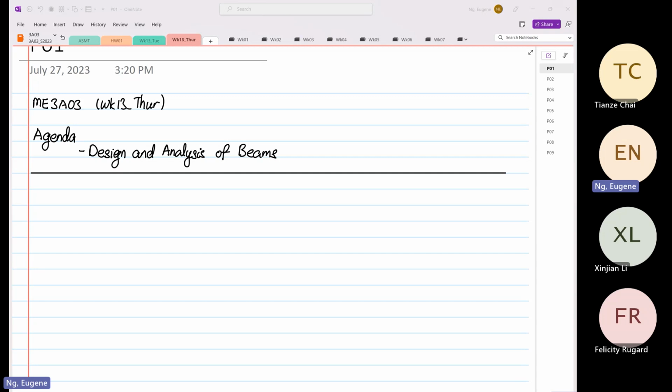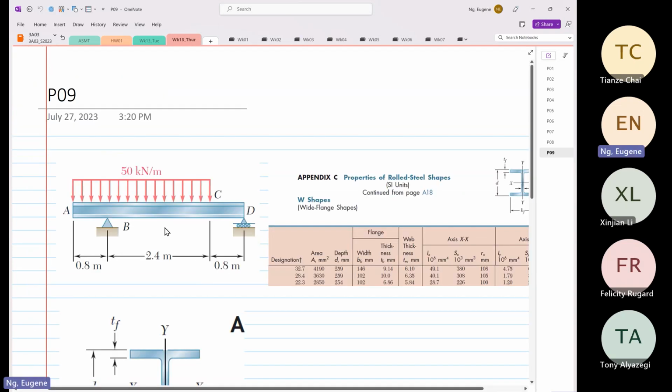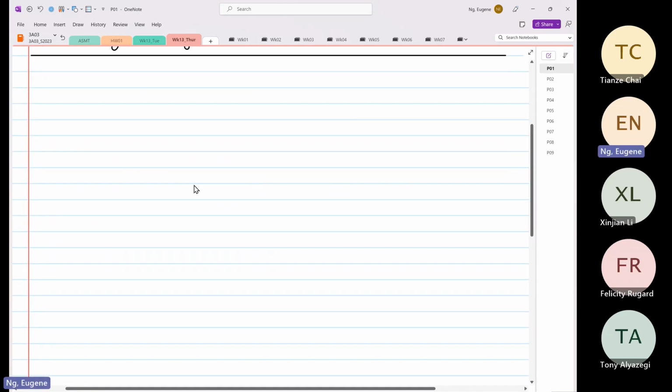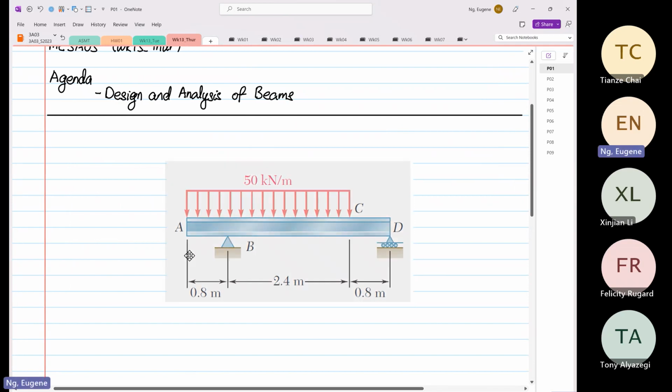Okay, so I'm going to work this out from an example. So the beam that we're going to look at, you can get this on Avenue to Learn. Okay, so this is the structure of our beam, right?